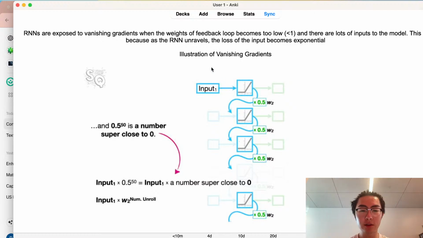So that means your earlier inputs will tend to get destroyed, or will tend to vanish or explode, but the more recent inputs will tend to have a greater impact on the output.